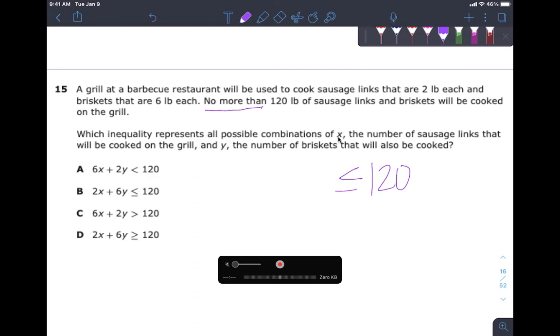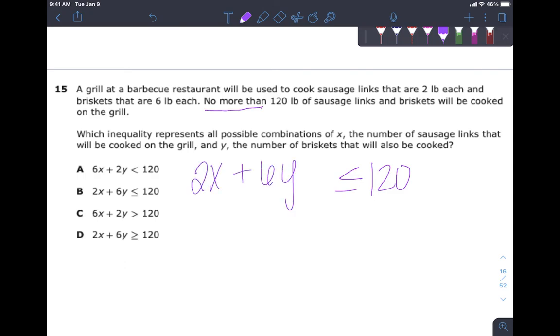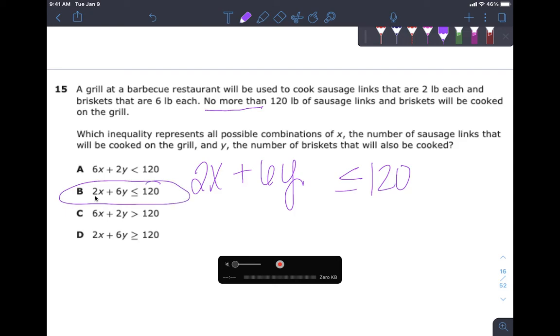These are numbers that I'm using to count how many sausages, how many briskets. However, I'm doing this 120 in pounds, so I have to convert them, meaning I've got to multiply them times their respective weights. So now I look and I say, all right, I see the only one that looks like it closely approximates this is answer choice B. And there is no way for us to put this information into the calculator.